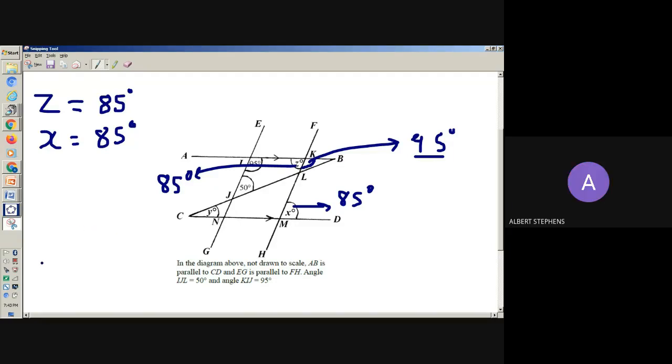So let me try to draw this a little bigger. Why is inside a little corner 50, by the way? What's the reason? Vertically opposite angles. Right. So if this is 50, inside it must also be what? 50. All right.